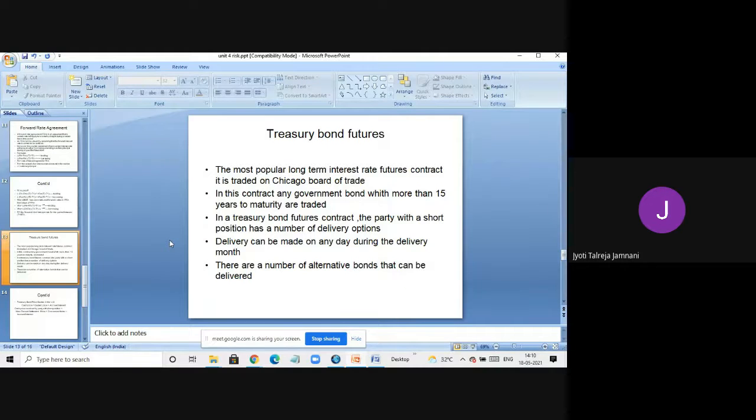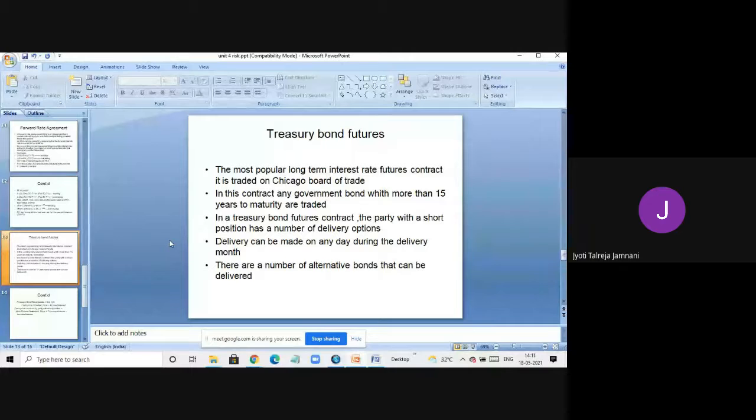Different maturities of bonds are available. Delivery can be made on any day during the delivery month. There are a number of alternative bonds that can be delivered. So any kind of treasury bond can be delivered. So there is a variety of bonds on which you have to enter into a contract with the government, and the government is going to give you those bonds at a future date for which the interest rate and the amount are fixed today.